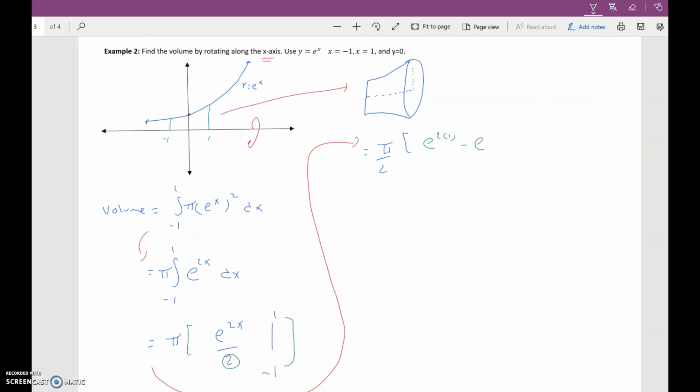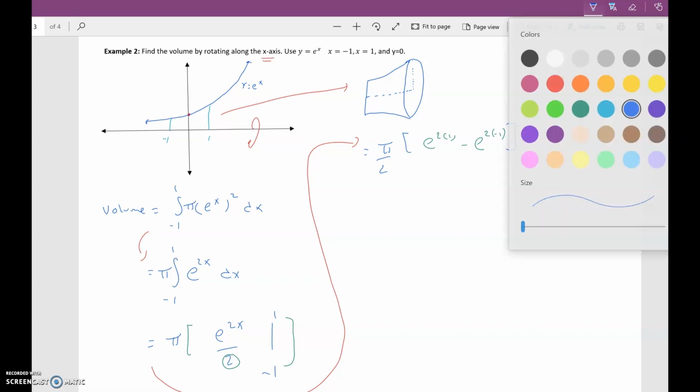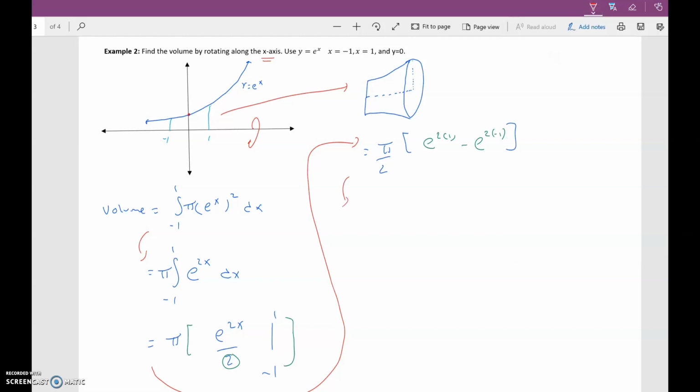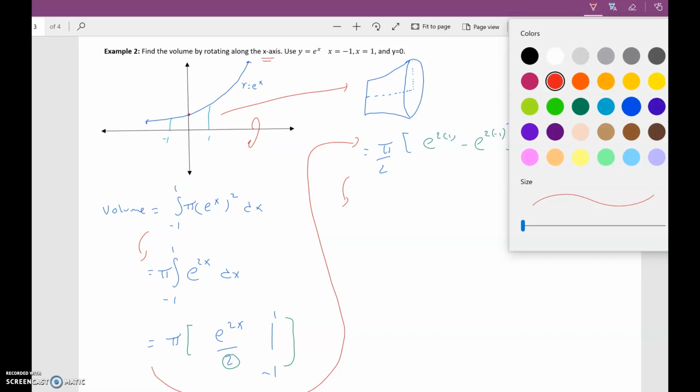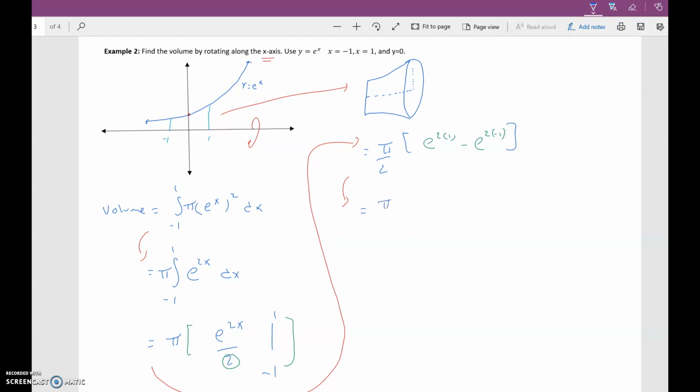So we're looking at pi over 2 times e to the 2 minus e to the -2.